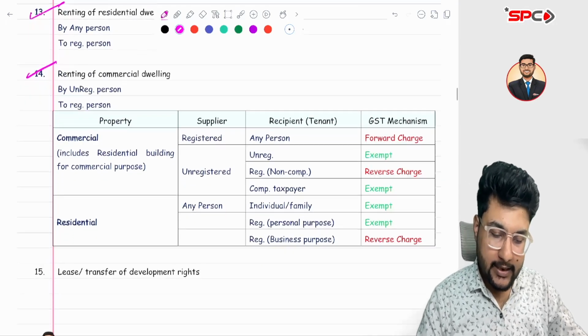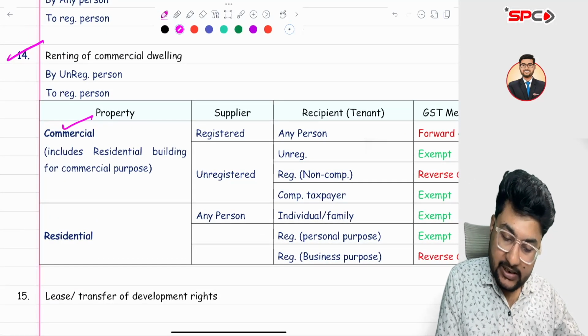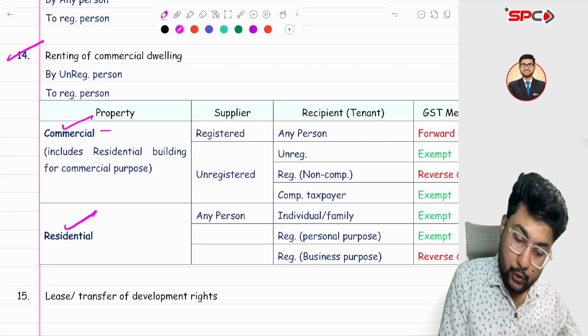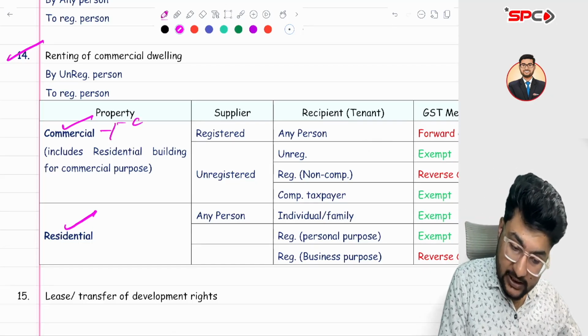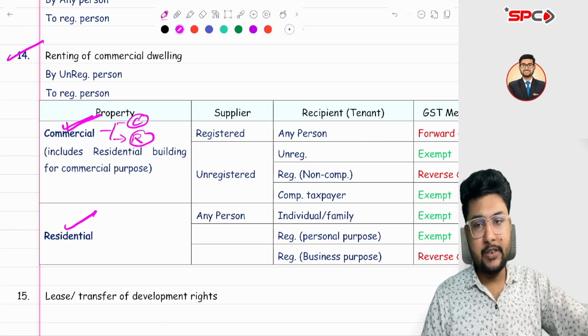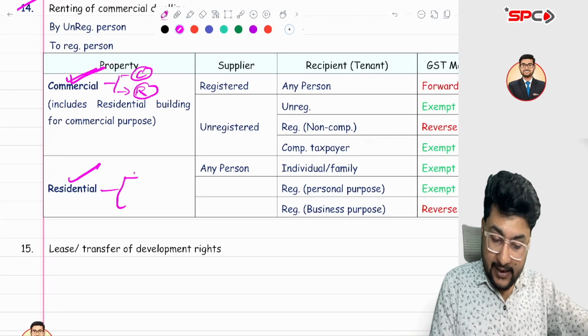Okay, now start renting. So there are two types of property, whether it's commercial or residential property. And a commercial property has two uses: you can use it for commercial, or you can use it for residential. Even if you are using it for residential, it is still a commercial property. But there is a different case in residential. There are two cases.